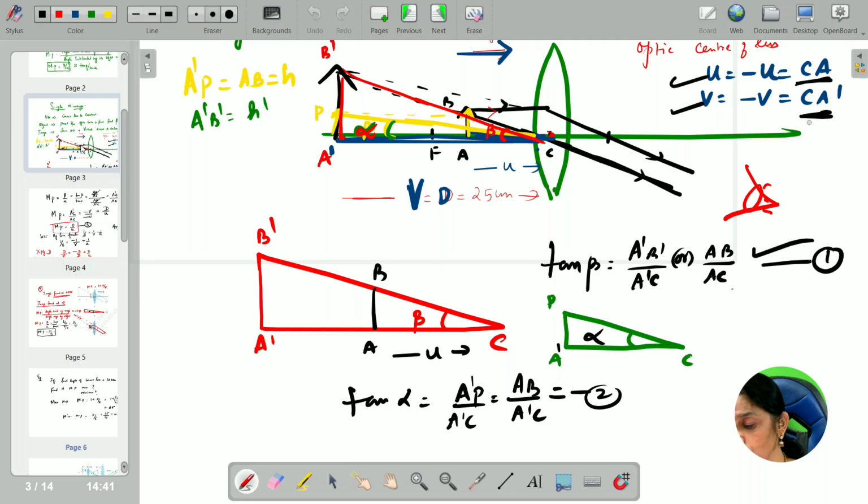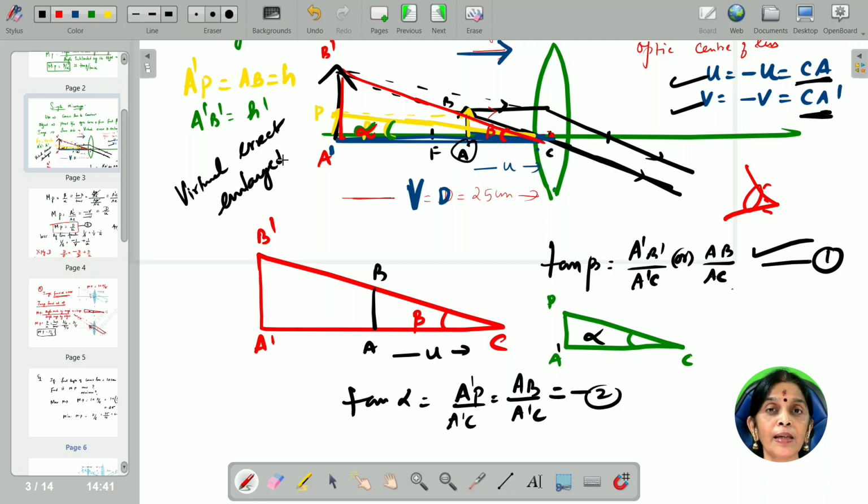You place the object within the focal point, that is between the optic center C and the focal point F. When you place it, you get the image on the same side. The nature of the image obtained is virtual, erect and enlarged.